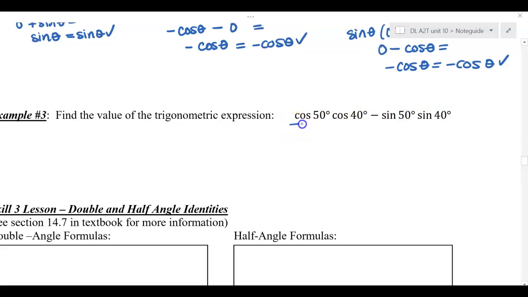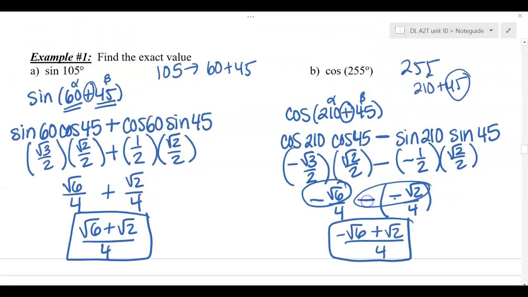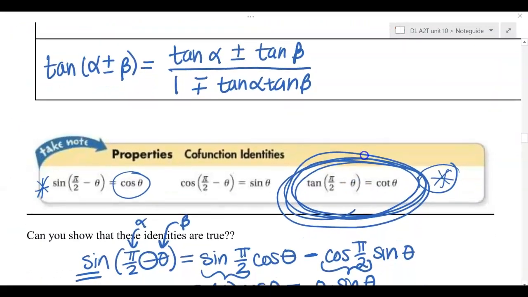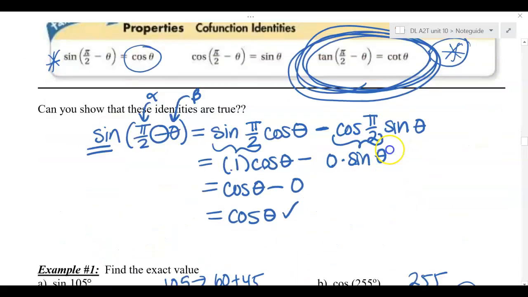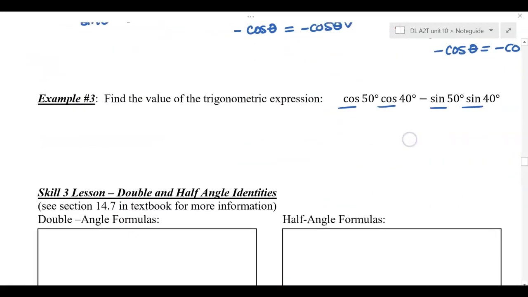So look at which trig function has cosine times cosine and then sine times sine when we look back at our sum and difference formulas. Cosine, cosine, sine, sine. It's a cosine function that has that. So I would expect this to be a cosine, where in the parentheses I was using a 50-degree angle and a 40-degree angle. Now, this has a minus between them, but remember, it depends on which function it is, whether you're using that minus or not.